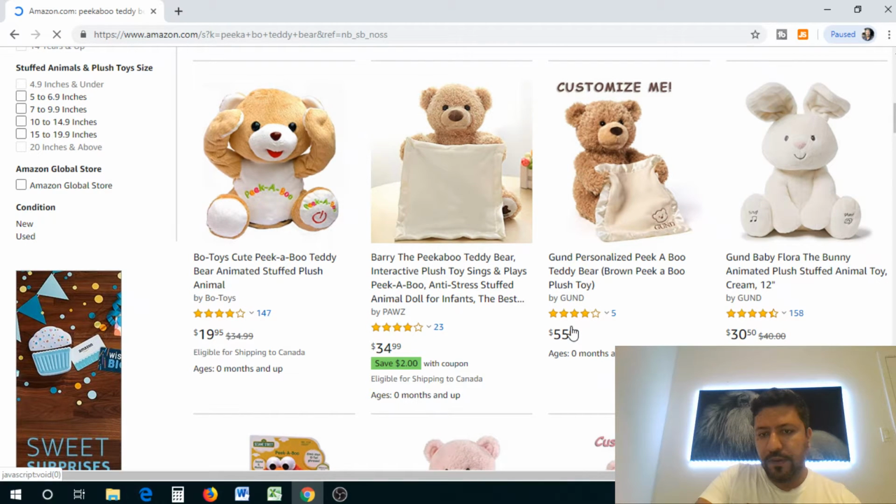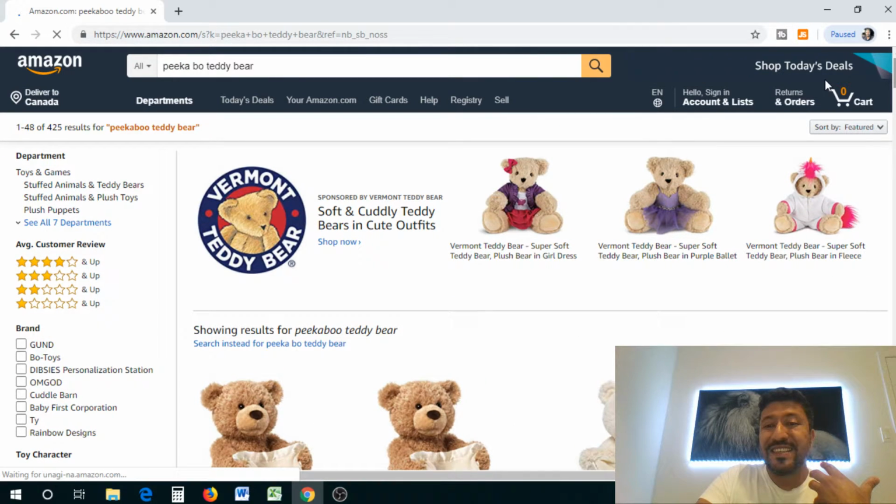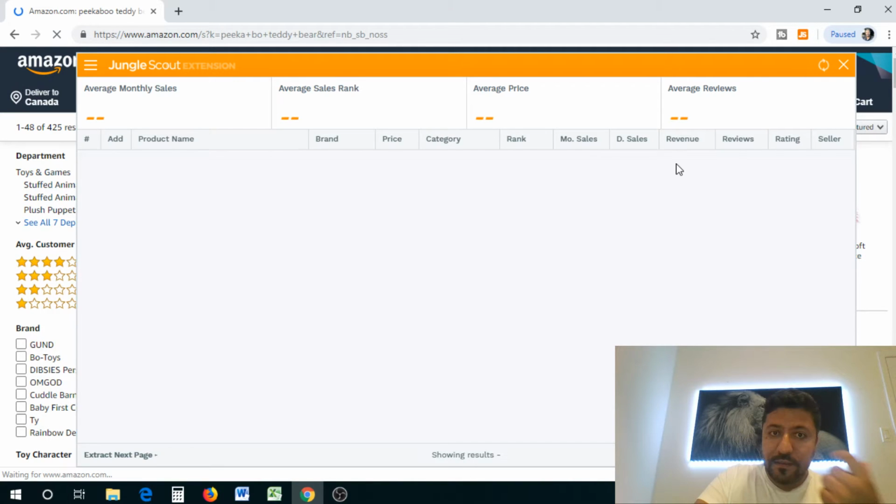So what I want to do is run Jungle Scout on this specific product. This is my Chrome extension, Jungle Scout, because I want to see what the average pricing is, right? I know that there are different prices here, but the average price will tell you what the market is, what it's selling at in the market.